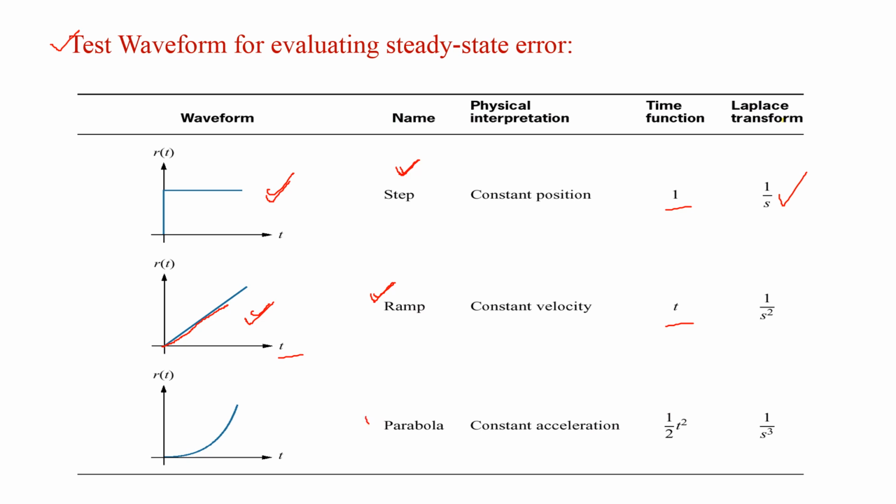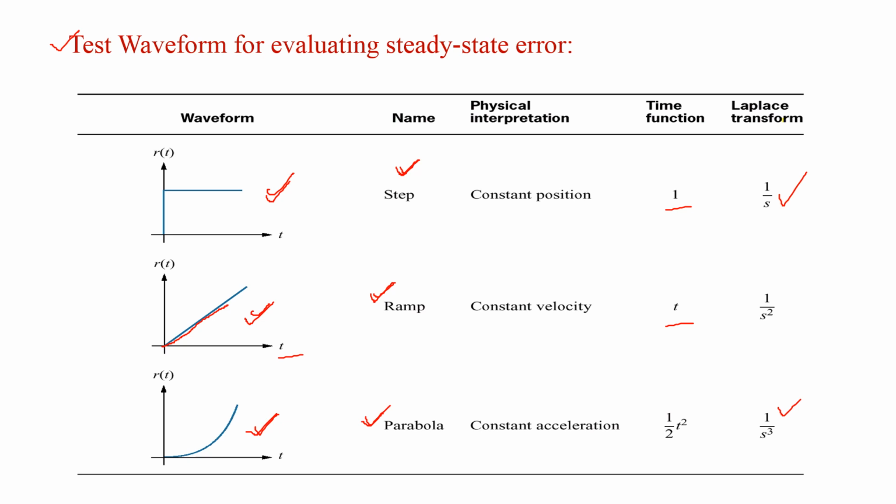The third one is the parabola, and its Laplace transform is 1 by s cube. These are the different types of inputs which produce the steady state error in a given system.